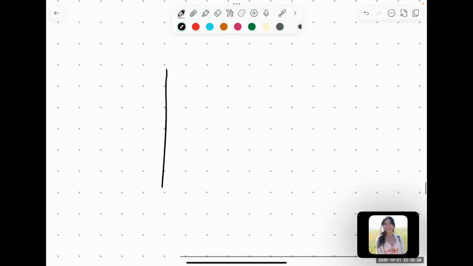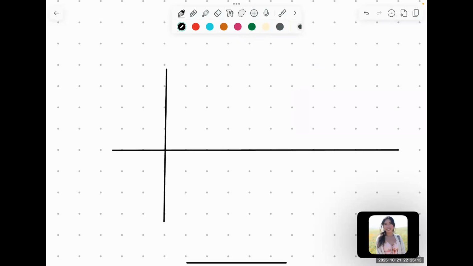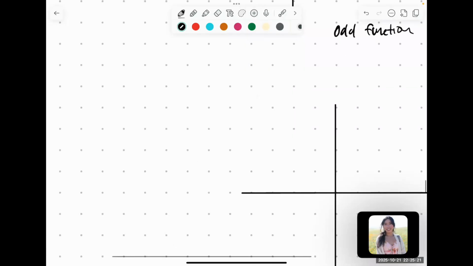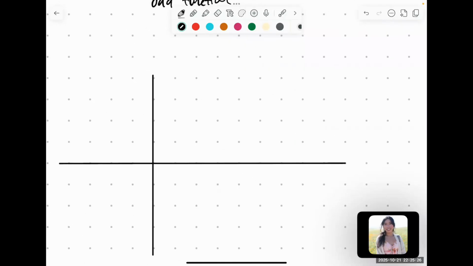Now we will do cosine. Oops, I think that's a bit off. Yeah, that's off. Cosine. And this one's going to be a little bit different.